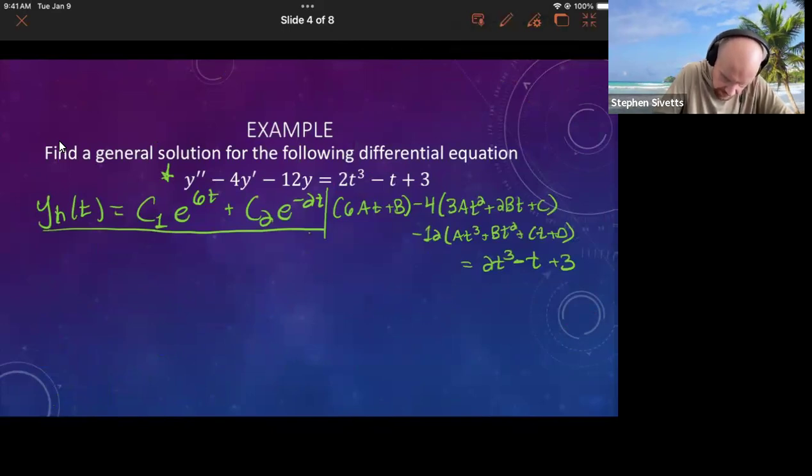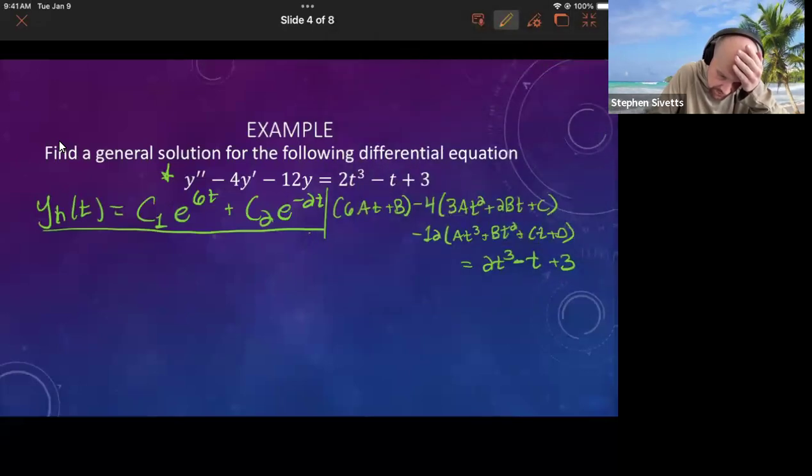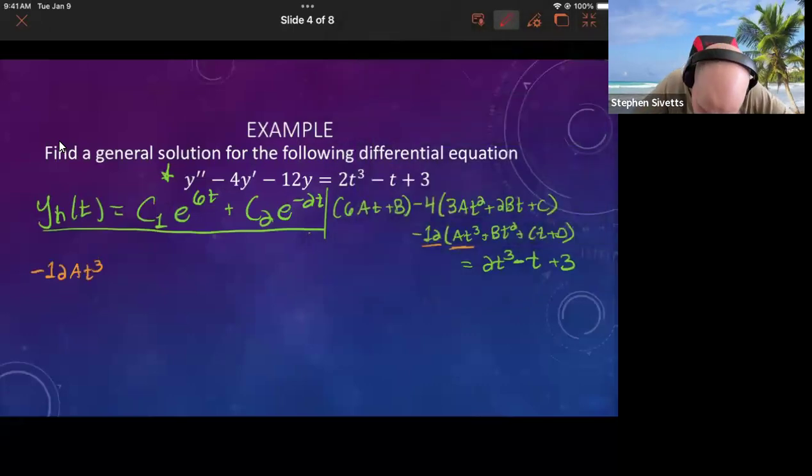Okay, so what that means is, first of all, I'm going to find the t cubed terms. So we have this term here along with minus 12. So we'll have a minus 12a t cubed. Next, I'm going to find the t squared terms.